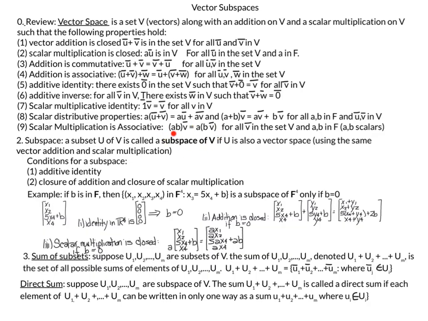In the previous video, we went through pains to show that vector spaces satisfy these 9 conditions, but because U is a subset of V, many of these conditions we get for free. The addition being commutative is true for all vectors, so it's certainly true for any subset of vectors U. Addition is associative, same thing.